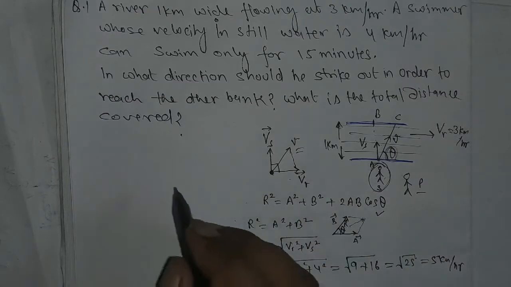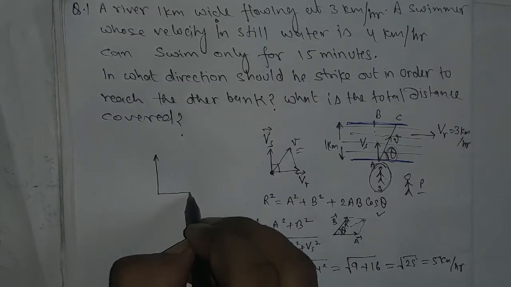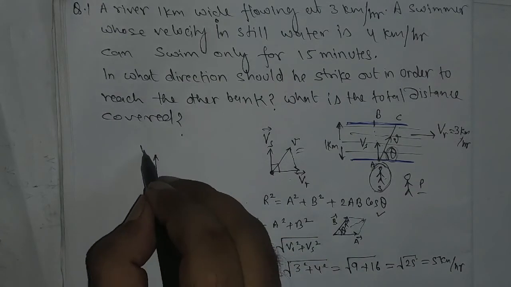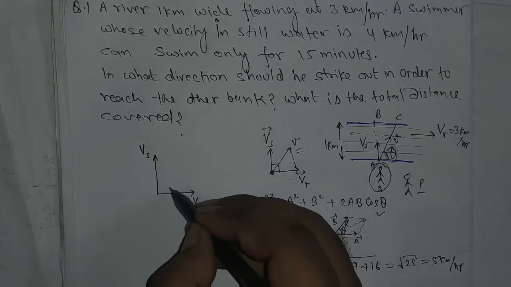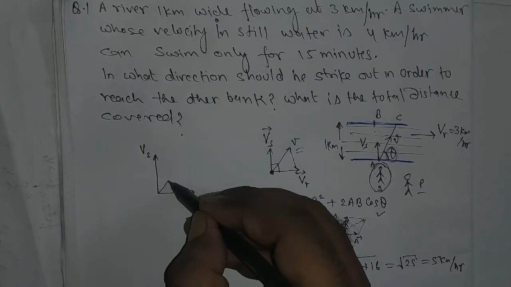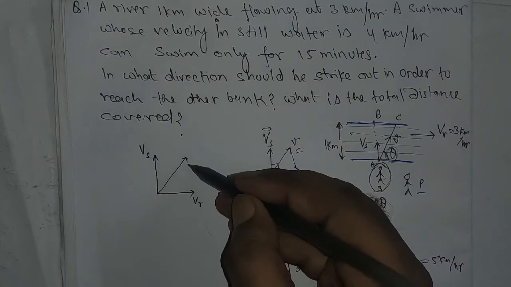See here, I am again redrawing this diagram. See here students, this is Vr, velocity of river, this is velocity of swimmer, and now we are applying the parallelogram law of vector addition.